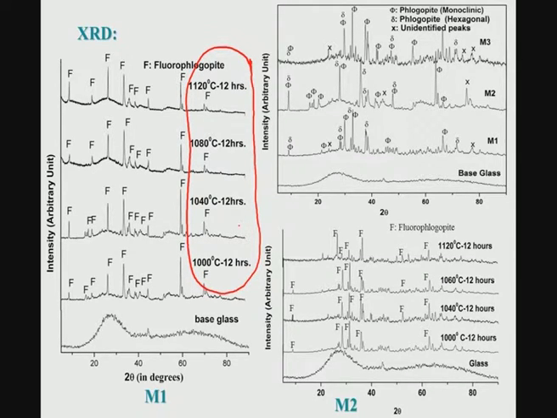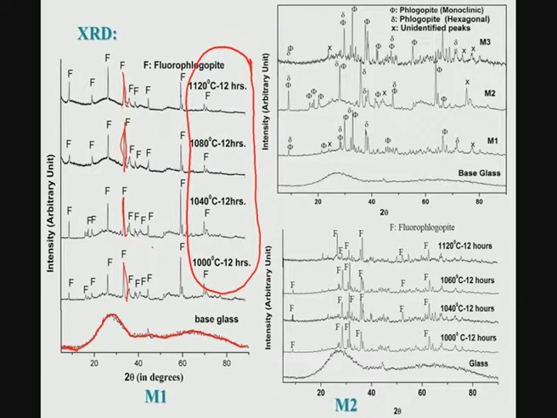Depending on the temperature at which you are holding it for 12 hours, what you see is that initially the glass has a very large hump, and this hump is characteristic of any amorphous material, as it does not have any sharp peak but rather a very broad hump, and this shows the disordered glass peak. Now, when you crystallize or ceramize them at 1000 degrees Celsius, you see all the characteristic fluorophlogopite peaks, which are rather sharp, and that shows that crystalline fluorophlogopite starts appearing.